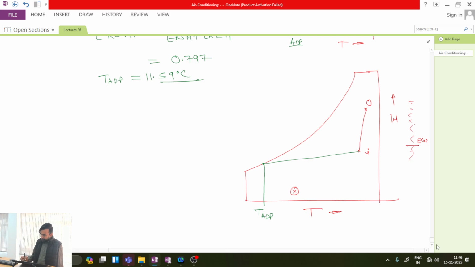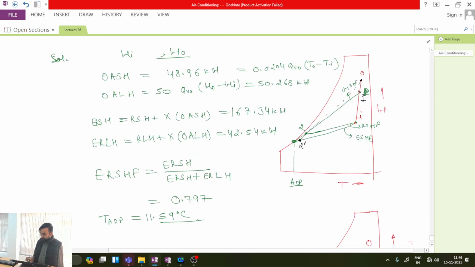When I explained the previous concept, I told you one very interesting point. You see, T2 dash is what? T2 dash is the actual supply air state on the ERSHF line. What it means is that if this is ADP, this is the actual state, then this must be my bypass factor and this must be 1 minus bypass factor.